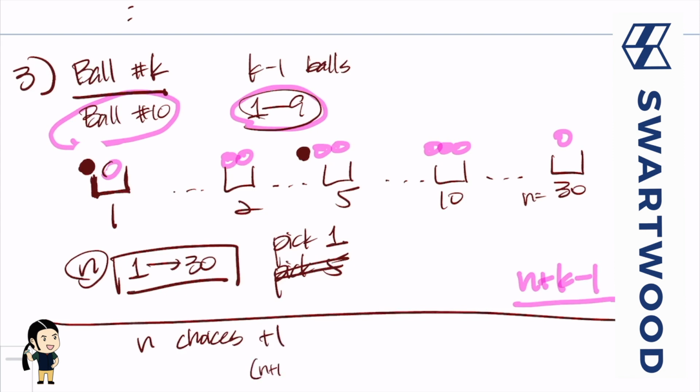You can think of this as the n plus 1th box. Why are we adding this choice? Just like before, we're always assuming that this ball is going to be to the left of whatever's in that box. But over in box number 1, it could also be to the right. So we need to think of the possibility where this isn't true. That's one more option, so we're going to add that plus 1. Does everybody agree? Okay.